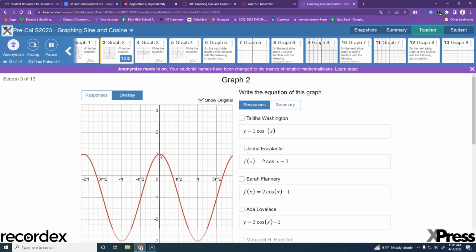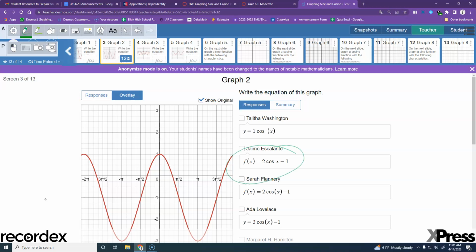That will be the case, like on the last problem, if the graph has not been shifted up or down. But this particular graph has a midline at -1. So you're looking at the distance from the midline up to that highest point. So that is 2 for this one. We did pretty well on that one. This f of x equals 2 cosine x minus 1 would be the correct graph here. So if you do not have that, you can go ahead and change that to make that match.